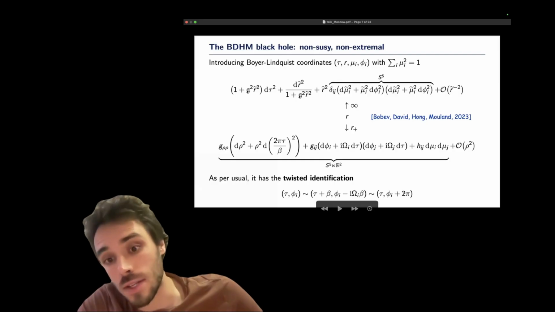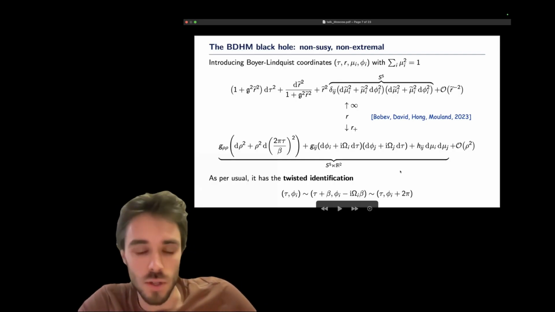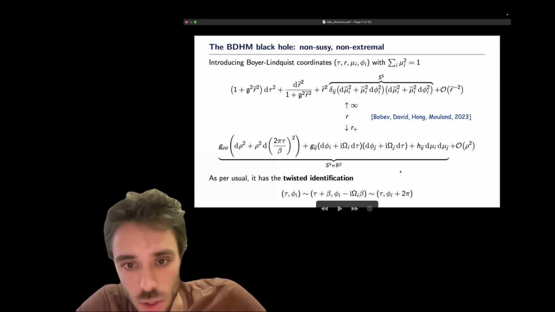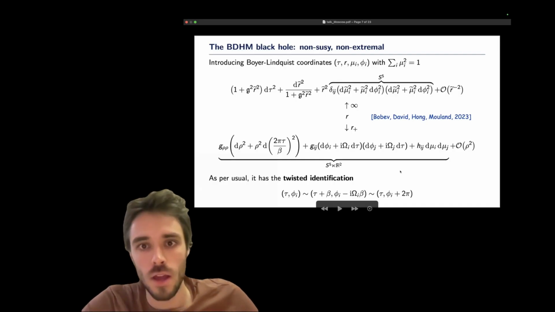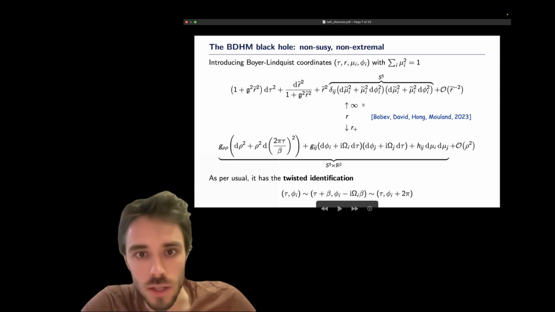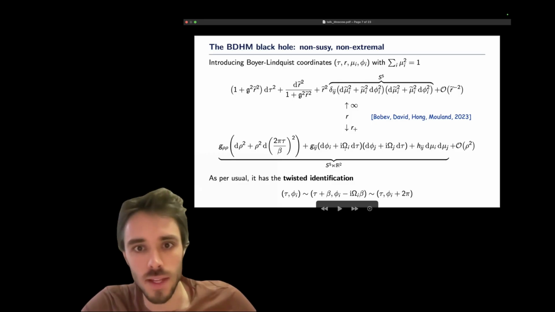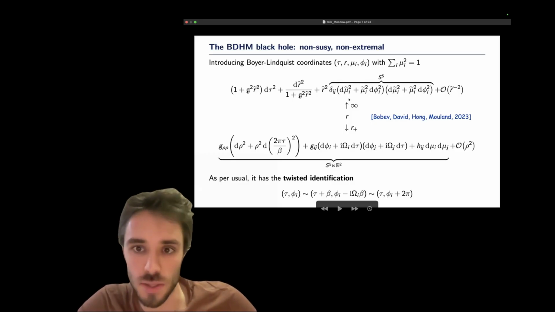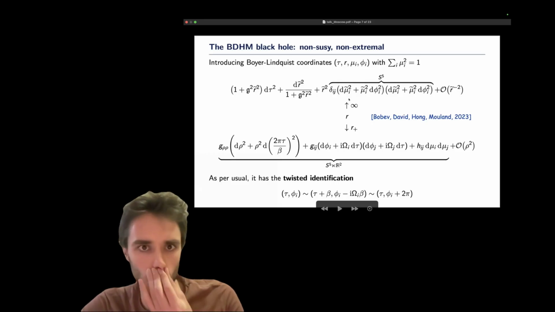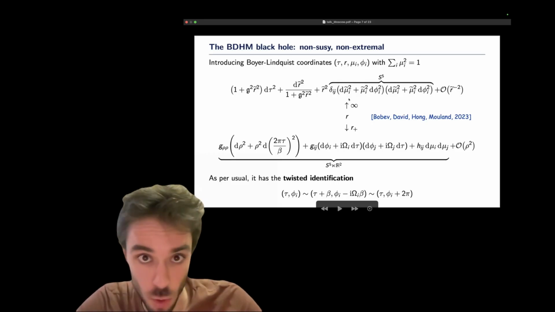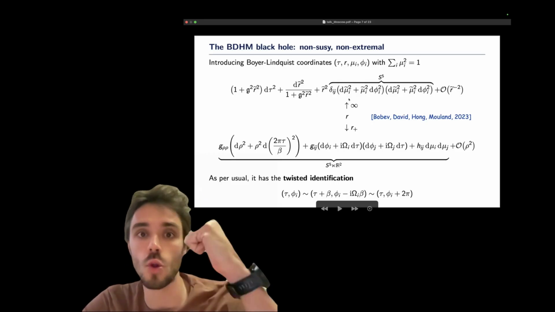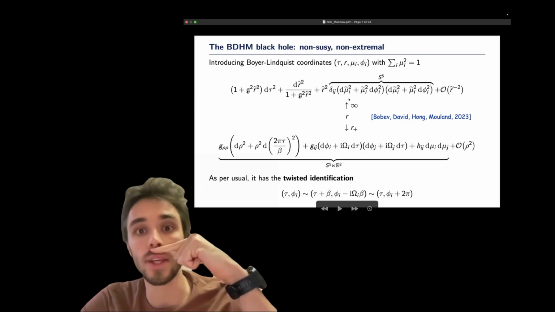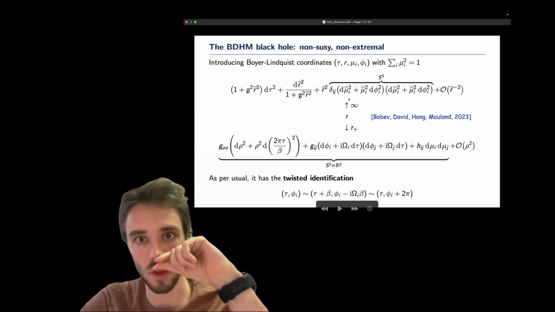And also the angles are separately 2 pi periodic. So this is the usual Gibbons-Hawking story for rotating black holes. Now, in between, it's awful, but at the edges, it looks exactly as you expect. And the important point is that this black hole is not supersymmetric, and it is not extremal either.